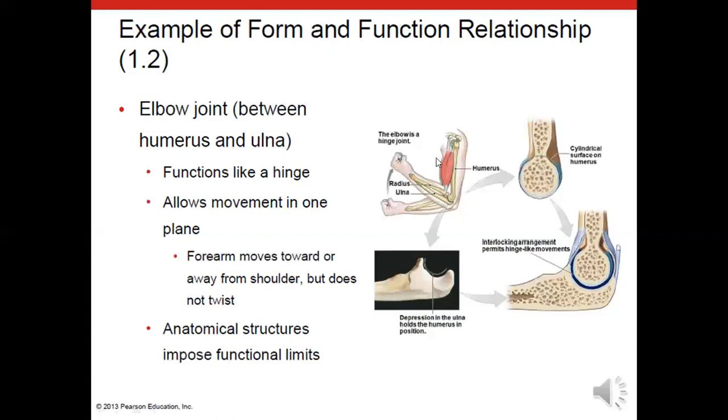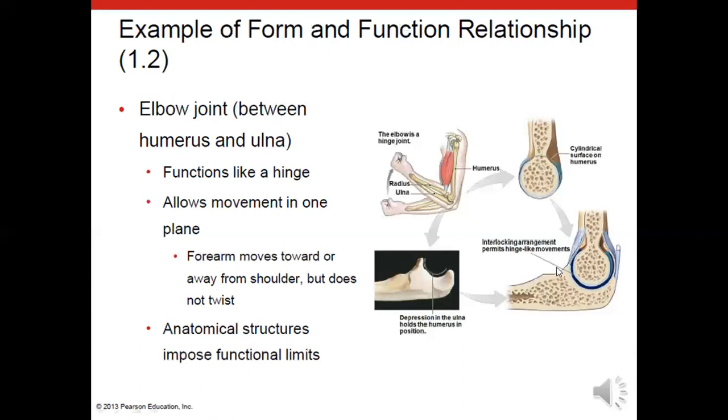And then to extend it, there's other muscles involved in that as well. So flexing your elbow would be moving your wrist closer to your shoulder. Extending it would be moving it farther away. To do that, the bones in your elbow have to be shaped this way. The humerus has to be rounded. The head of the ulna has to be a C shape.